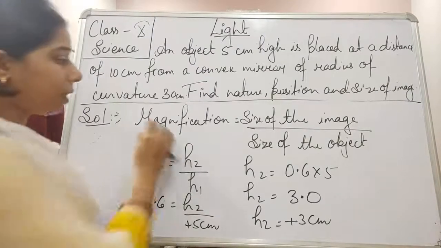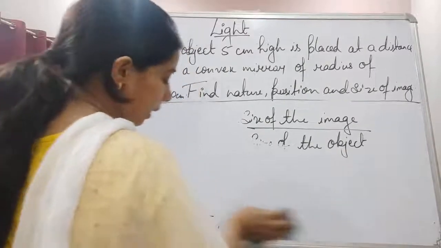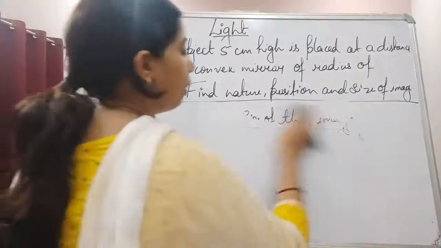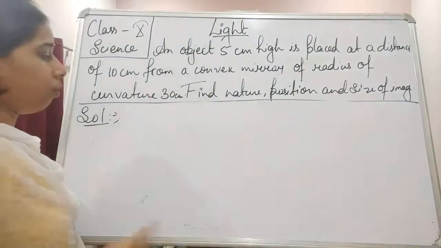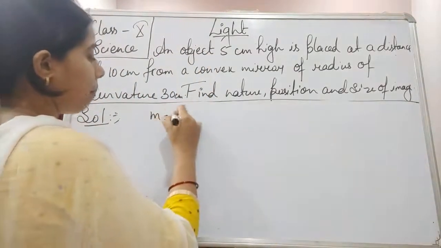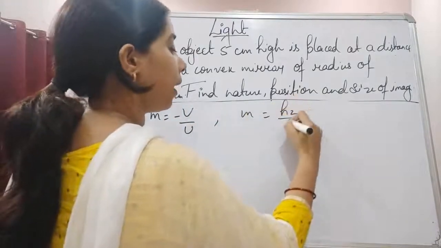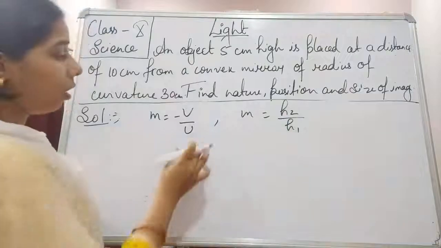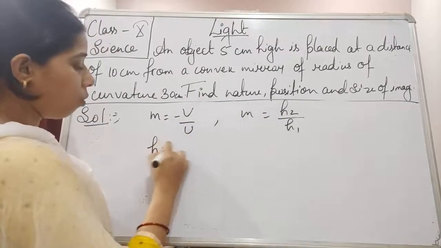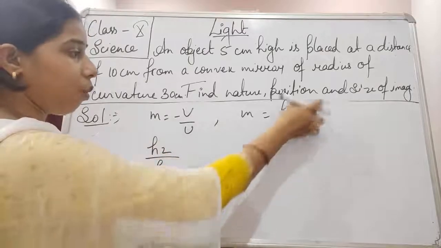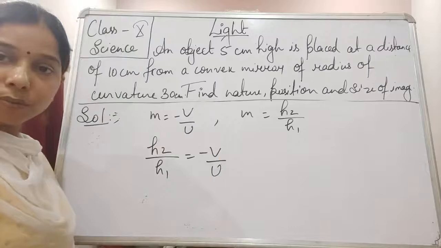You know, students, that this whole method can be simplified very easily. m is equals to minus v upon u, and m is also equals to H2 upon H1. So putting this value of m, H2 upon H1 will be equals to minus v upon u.